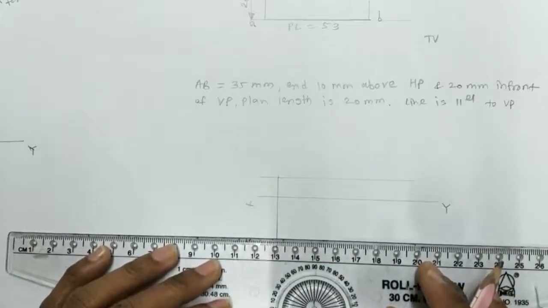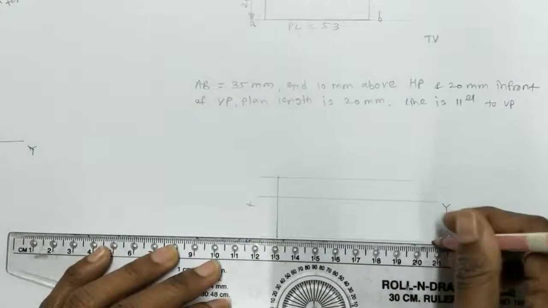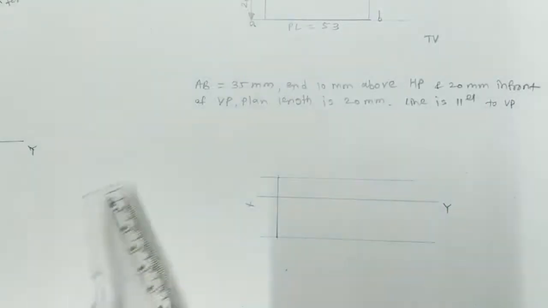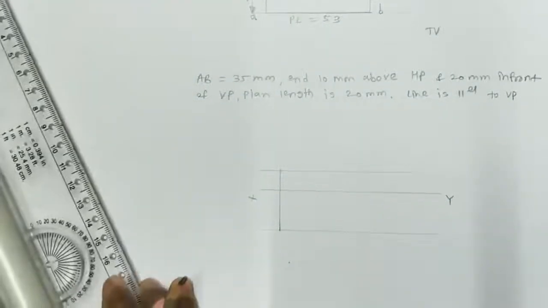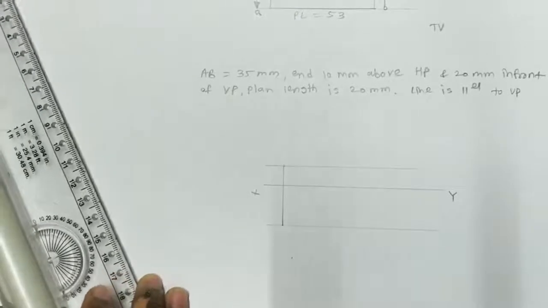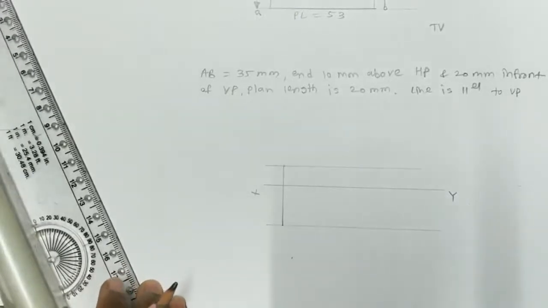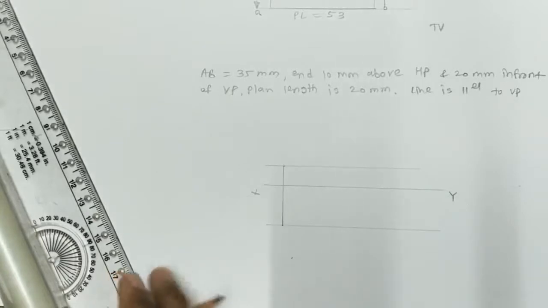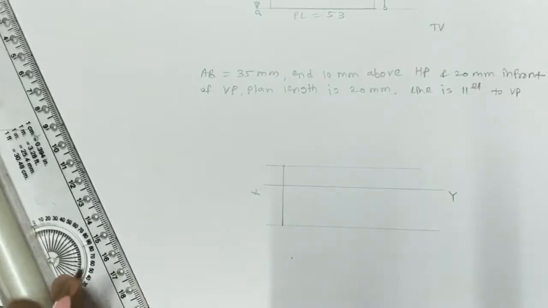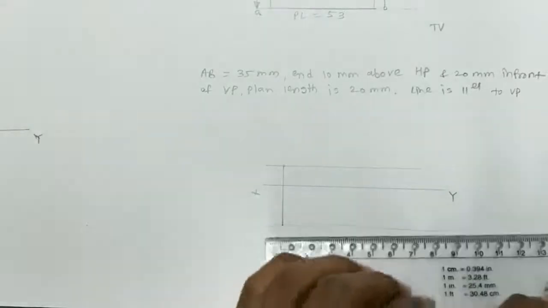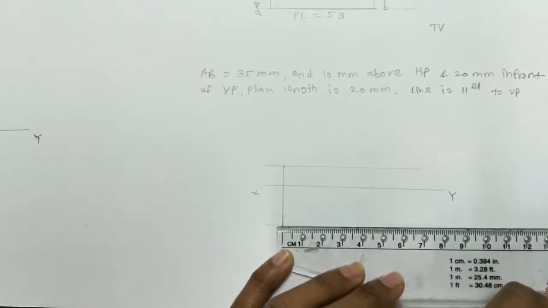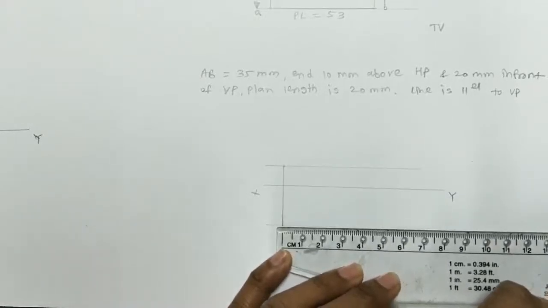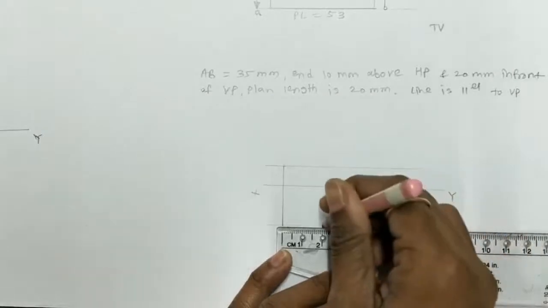Draw parallel line to XY. Then true length of line is 35 given and plan length is 20 mm given. So for this, as we know, plan length is 20 mm. So first draw 20 mm, which is plan length.